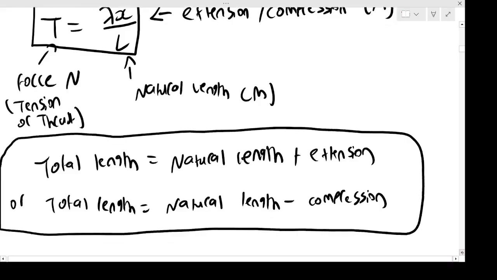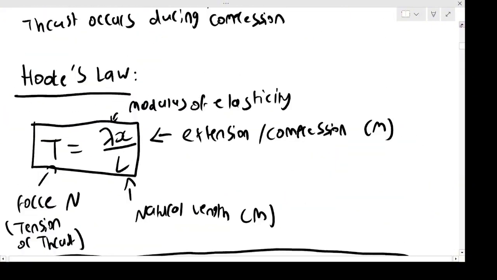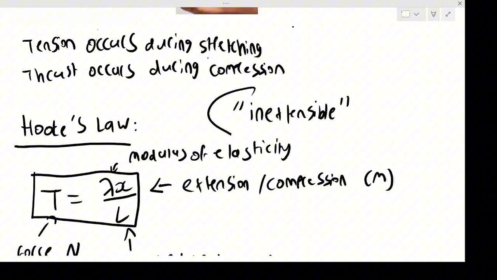You might think that seems a bit commonsensical, but it really might help to write that down. The last thing to note, you might be thinking, how come we didn't use this in normal maths? In normal maths you'll probably see this word thrown around a lot: inextensible. We cannot use Hooke's law when a string or spring is what we call inextensible.